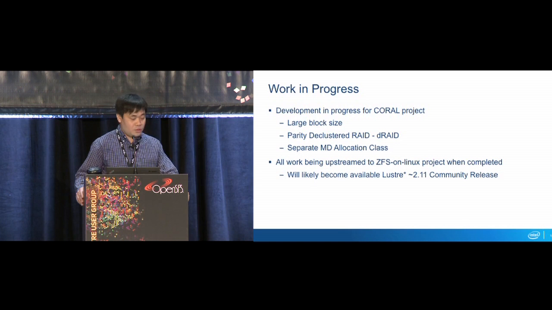So we are going to land them into the upstream ZFS on Linux project. And on the Lustre side, we are expecting it should be available around 2.11 community release.